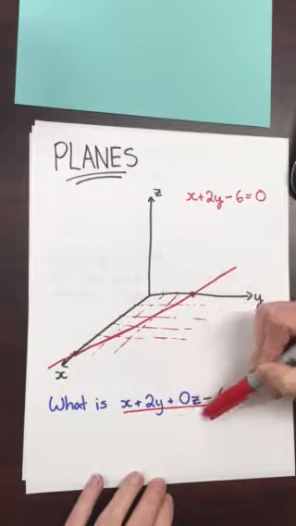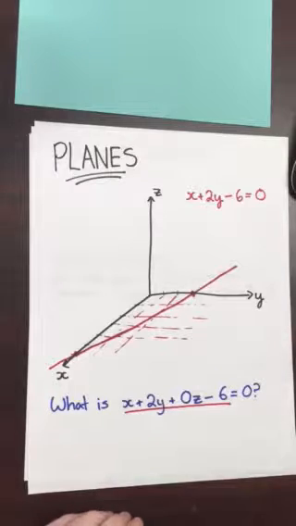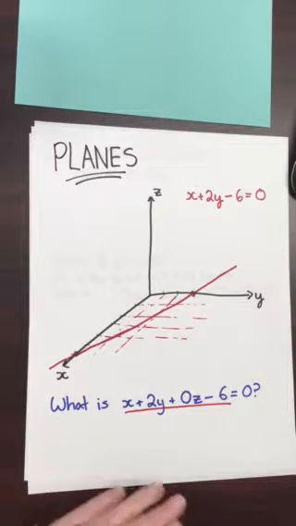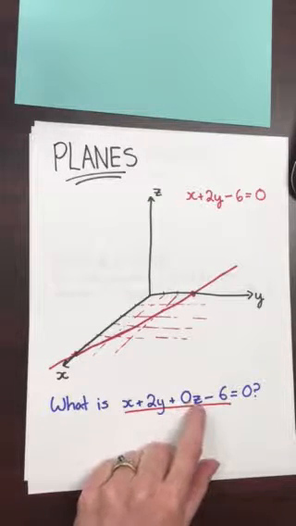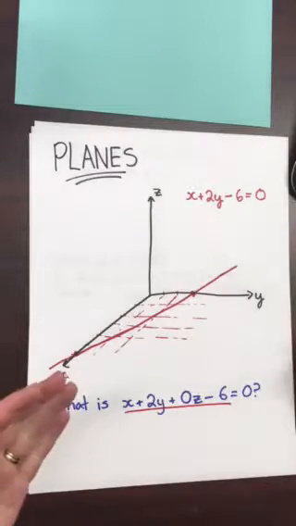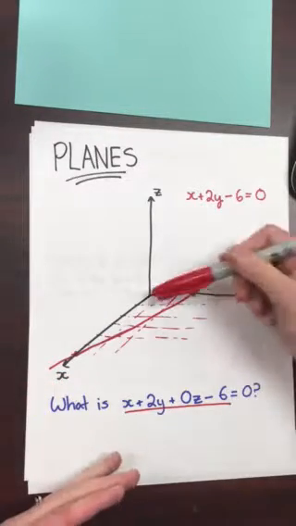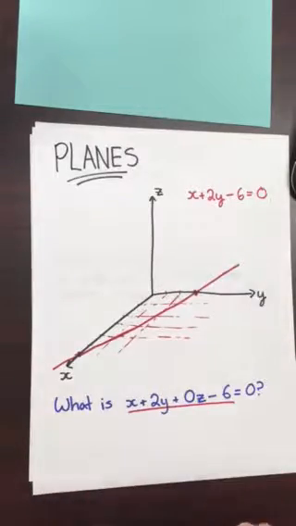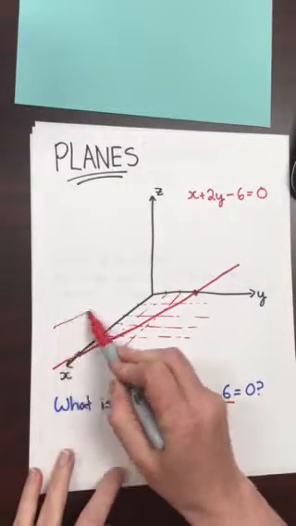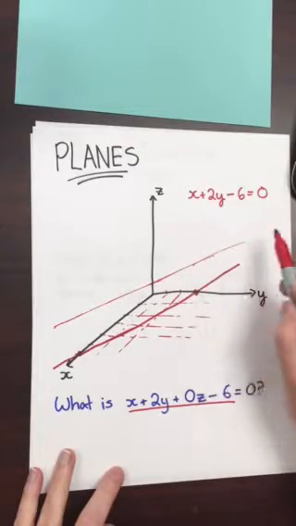By including the concept of z in my line, I allow this line to stretch out over 3D space. Because there's a 0 specifically in front of the z, that means that z could be anything and still be described by this equation. Z could be 0, like it is right now for my line, but z could also be 2. And that would be a similar line kind of up here, parallel to the line that I have.